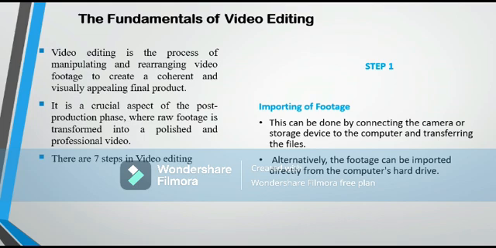The first one is to connect your camera directly to your computer, then you transfer. Or you remove the memory card from your camera and insert it into your system. Then from there you can copy it directly to your system and load it into your work environment. That is how you can get that done.